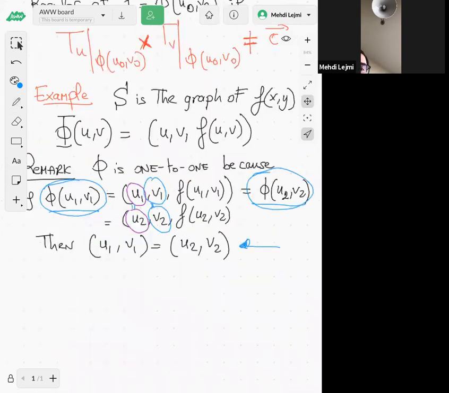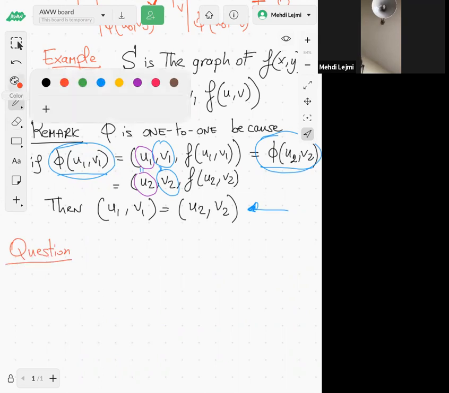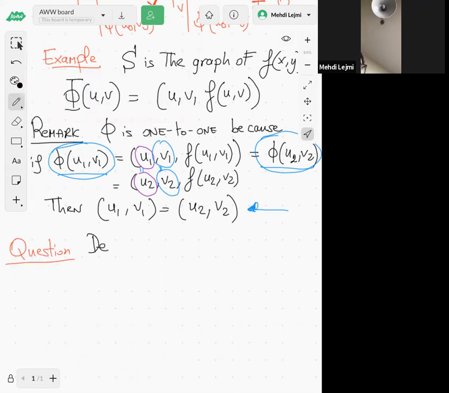So let's check. So the question now is to determine where S is smooth. So determine where the surface given by the graph of function f is smooth.